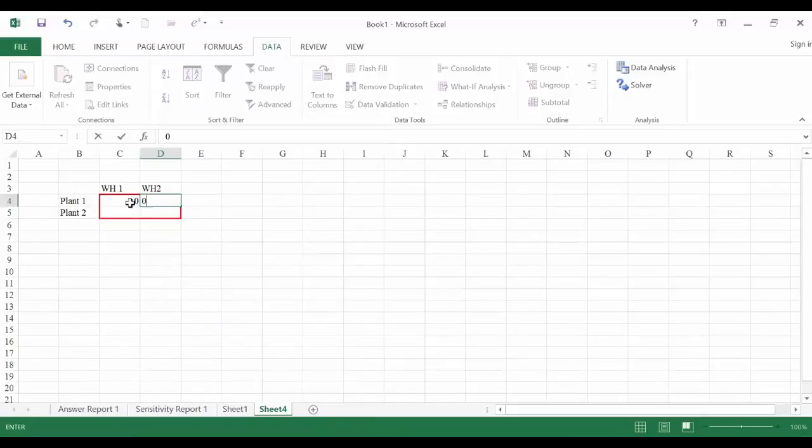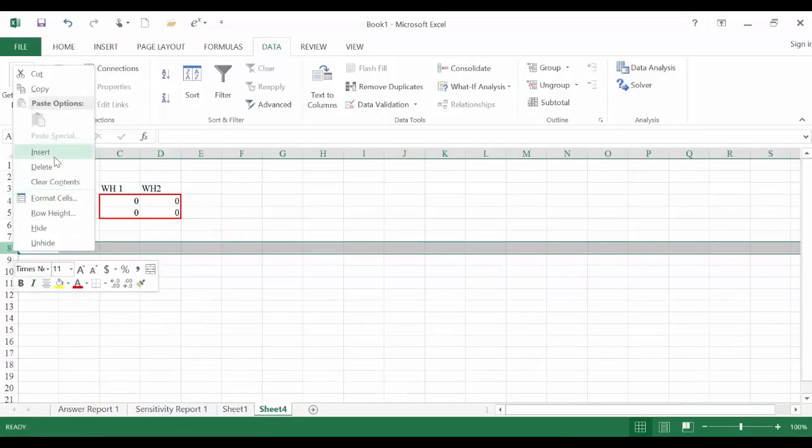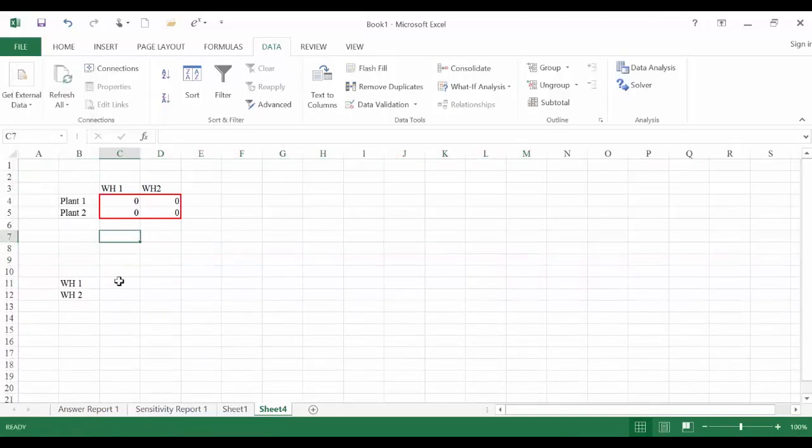Initially we set all these to be 0. Let's put more rows here for market 1, market 2, market 3.